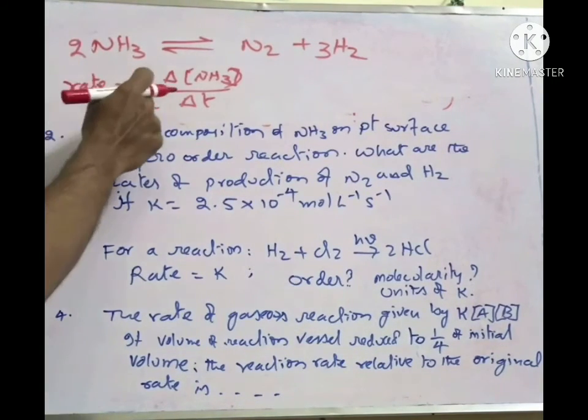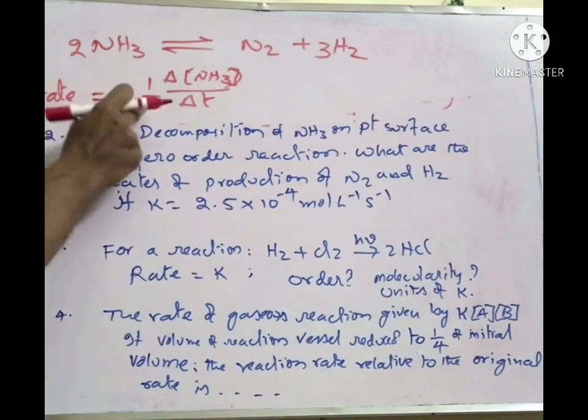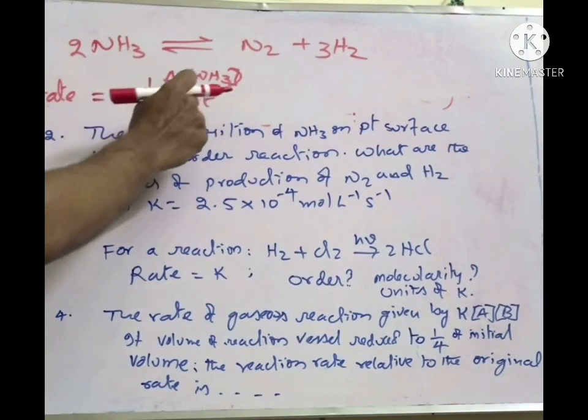So the rate equals minus 1 over this coefficient, delta NH3 by delta t.